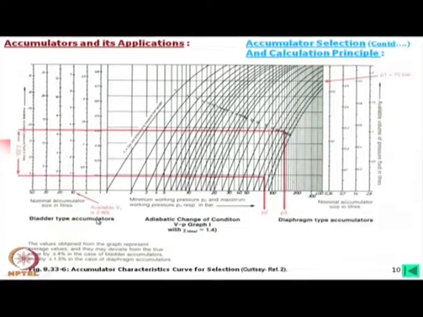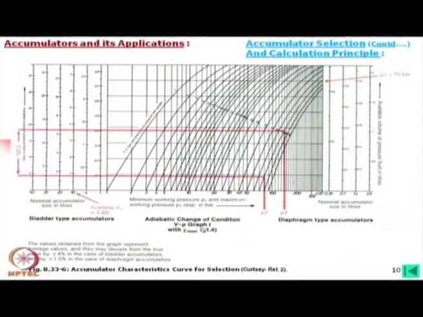Now, this is for the bladder type accumulator, and this is for the diaphragm type accumulator. These lines are for the diaphragm type accumulator, and these lines are for the bladder type accumulator.